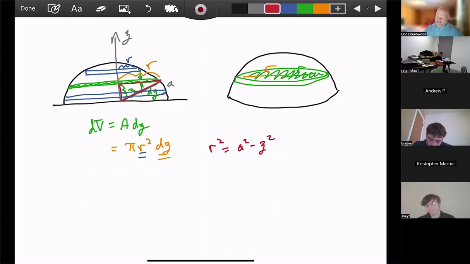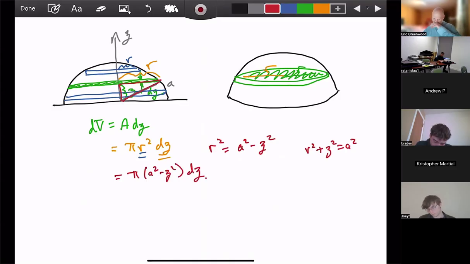We're just using the Pythagorean theorem, which says that r squared plus z squared is equal to a squared. So r squared then becomes a squared minus z squared. So let's put that in here. So finally, my differential volume is going to become pi times a squared minus z squared dz. So this is my differential volume.